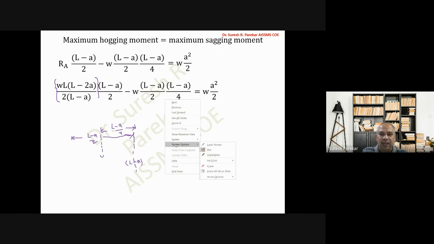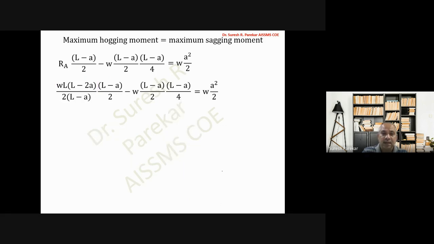Now we simplify this again. W is common in all three terms, so W cancels from all. Then we get L into L minus 2A, cancelling L minus A, and the 2 cancels from all. So the first term is L into L minus 2A upon 2.